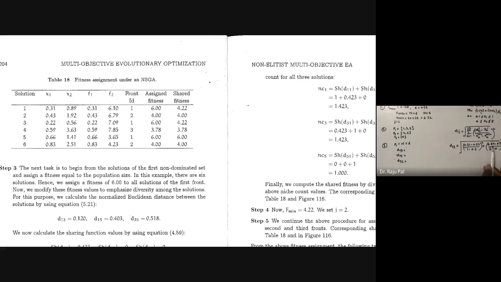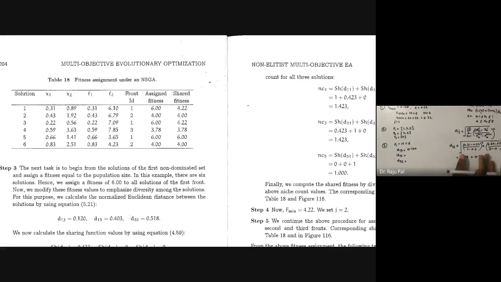By calculating this, D13 would be 0.119, or we can say 0.12. So we assign D13 as 0.120.